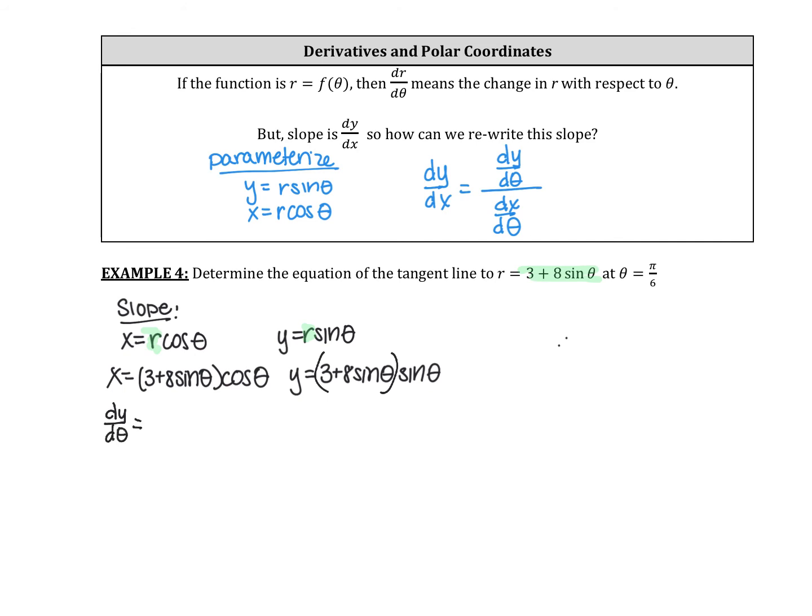Doing that, I'm going to get dy d theta. Let's see. Derivative of the first would be 8 times the cosine of theta times the second plus the first times the derivative of the second. Derivative of sine is cosine.